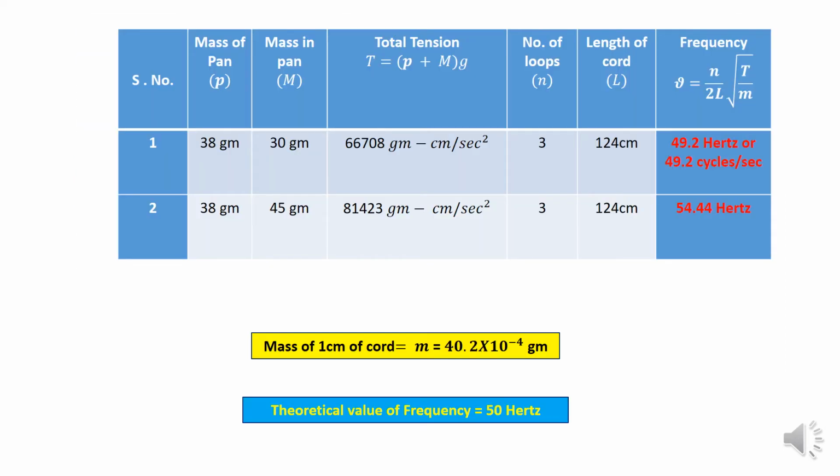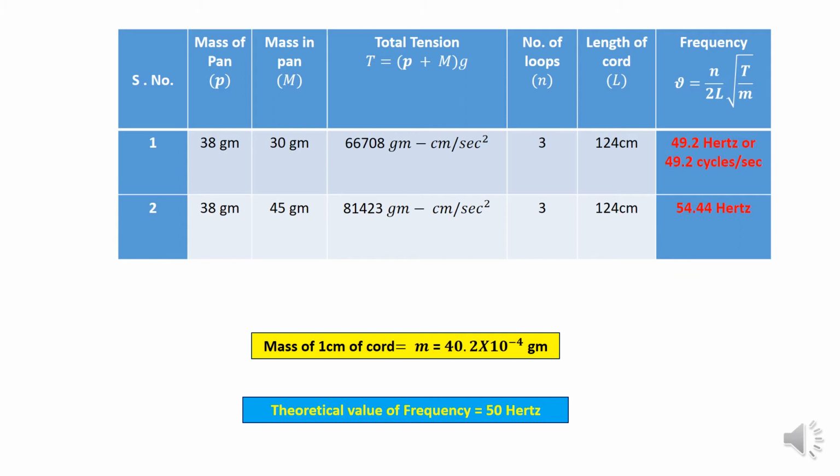Further, this will be the table to calculate the AC frequency. We will measure the mass of the pan. Then the mass in the pan, because we will add some weight in the pan also.